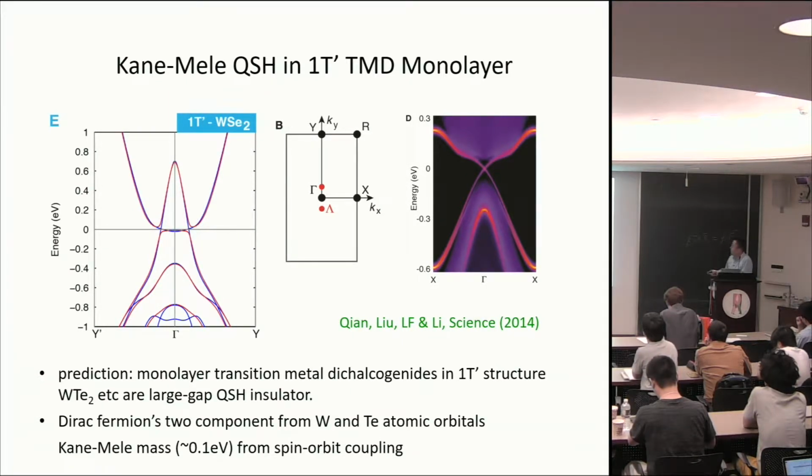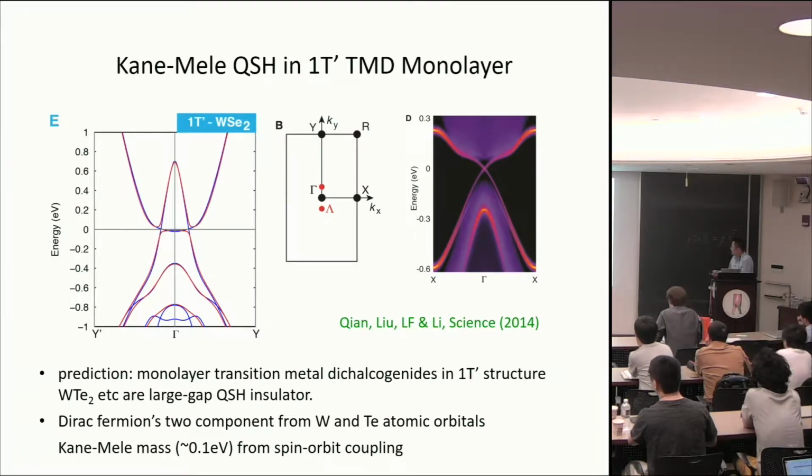But when we turn on spin-orbit coupling, you see again it opens up a gap at this Dirac point, leading to an insulating state. So this is very much similar to the Kane-Mele model. Turning on spin-orbit coupling at the Dirac point generates the 2D TI.